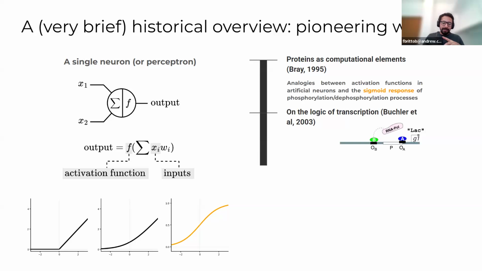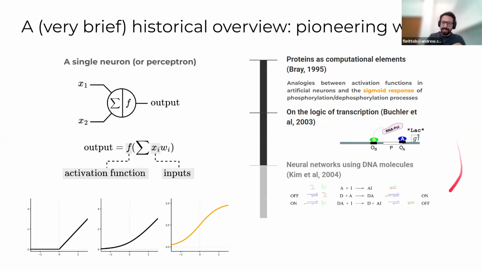In 2003, the last figure of this quite interesting paper that worked on the logic of transcription in the lac operon also suggested that the type of regulation that's done at this transcriptional level also resembles, at least structurally, a neural network. And the weights here are associated with the binding affinity between the RNA polymerase and its binding sites. One year later, we got this very interesting, also theoretical paper, where the first neural network using DNA molecules is proposed.